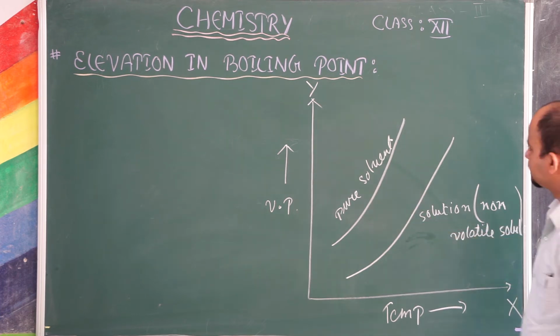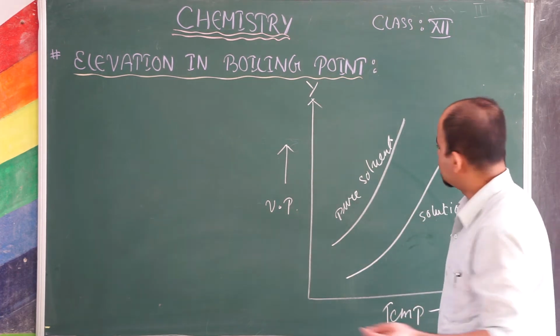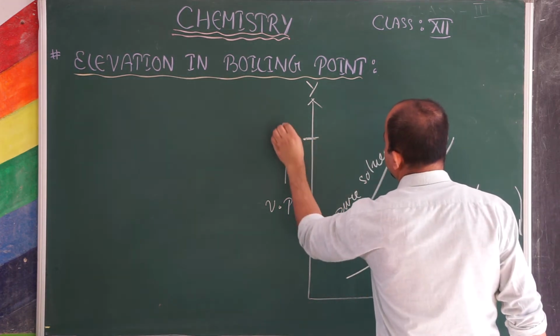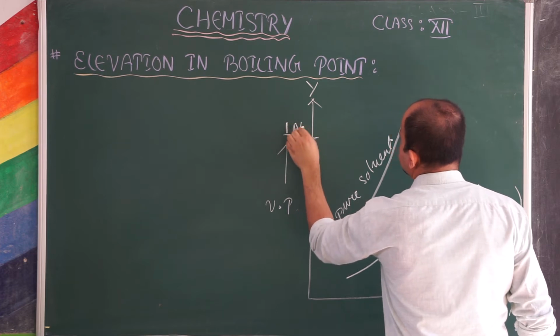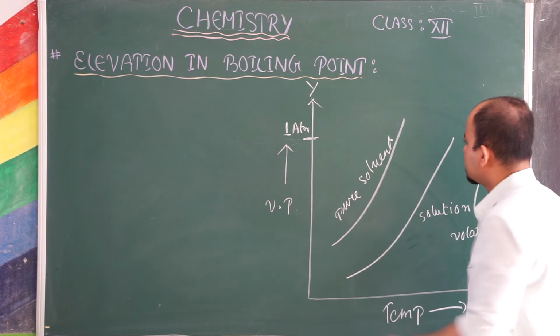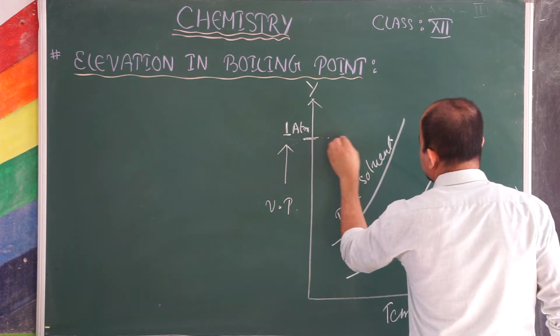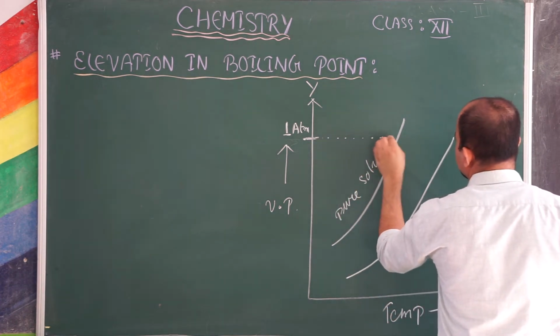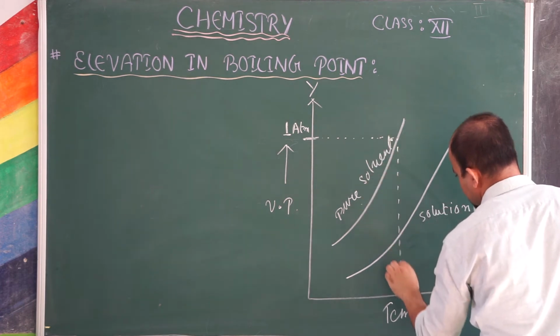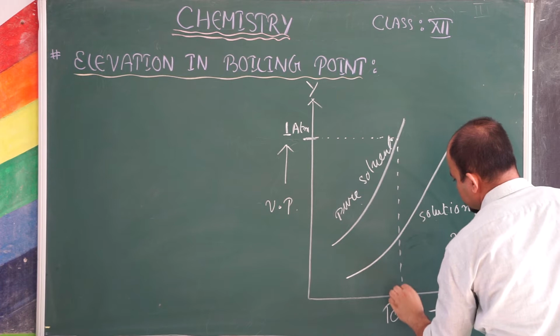Now, suppose this is the point where it is 1 atmosphere. The temperature that corresponds to 1 atmosphere for this pure solvent, from the graph we can obtain to be here.